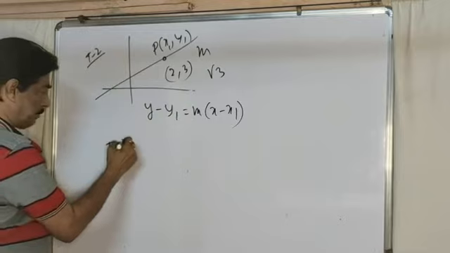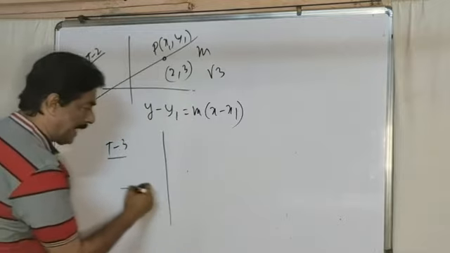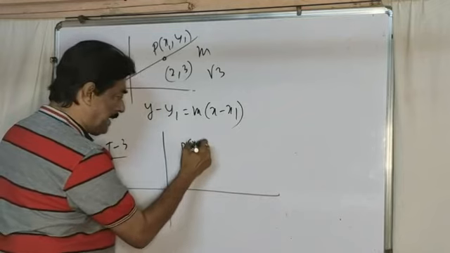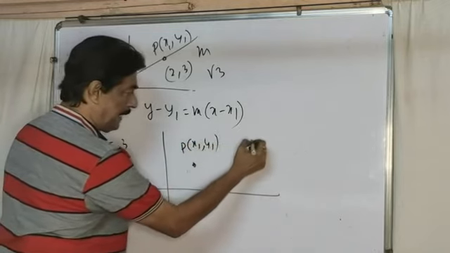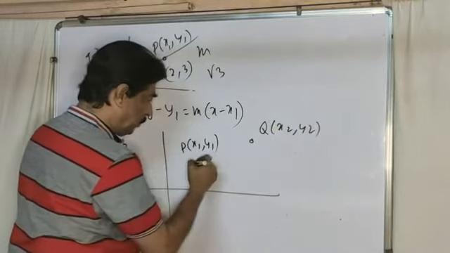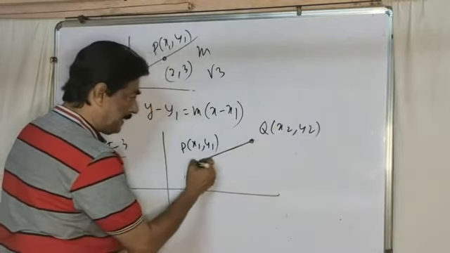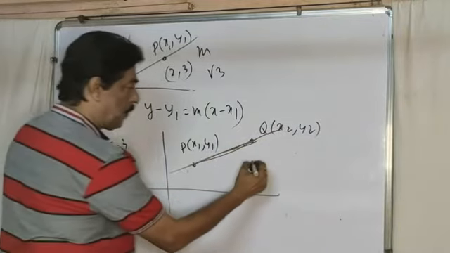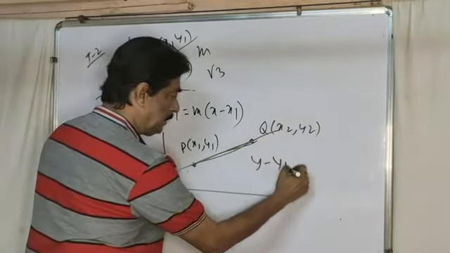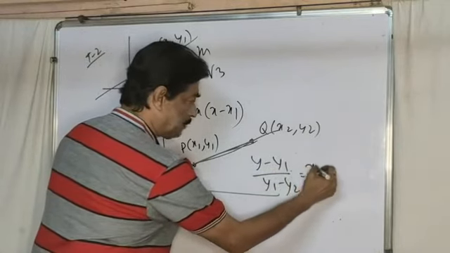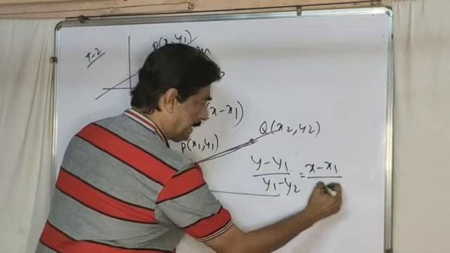Theorem number 3. Equation of a line which passes through 2 particular points P (x1, y1) and Q (x2, y2), and you have to find the equation of the line. When the line passes through the 2 particular points, the equation of the line will be y minus y1 by y1 minus y2 equal to x minus x1 by x1 minus x2.